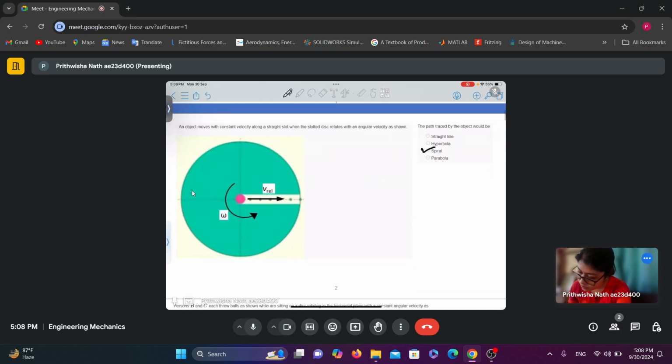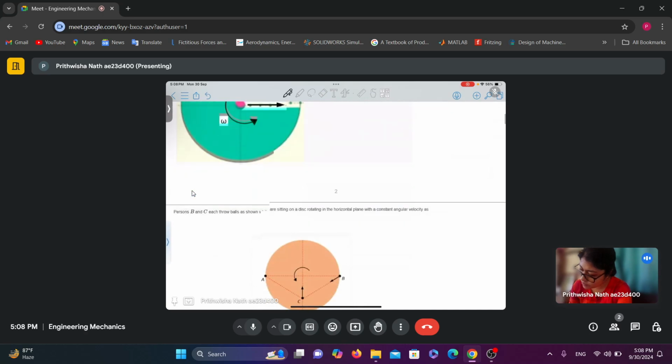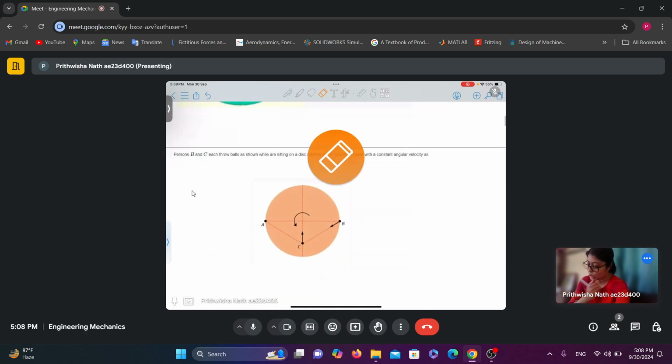Now the second question. Persons B and C each throw balls as shown while sitting on a disc rotating in the horizontal plane with a constant angular velocity.